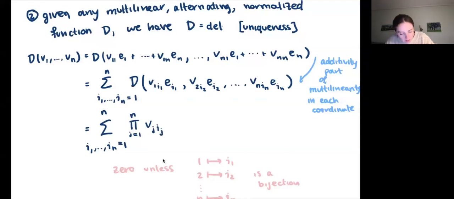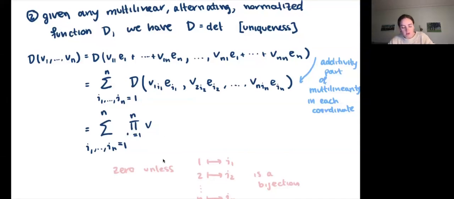Maybe I should call this k so it's clearer. So we're going to product as k goes from 1 up to n, and it'll be v k I k. We're pulling out all of the coefficients, and then we have d of e I1 to e In.